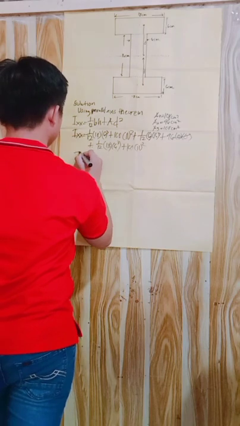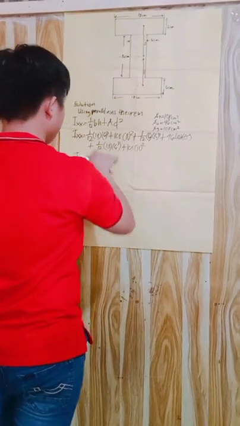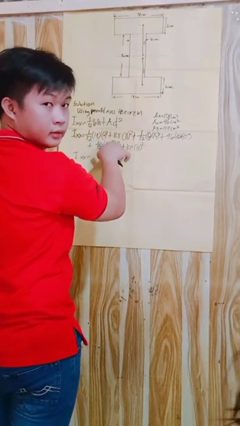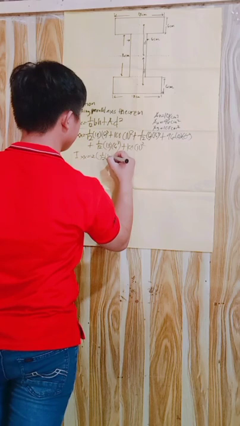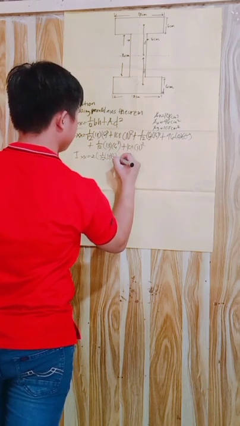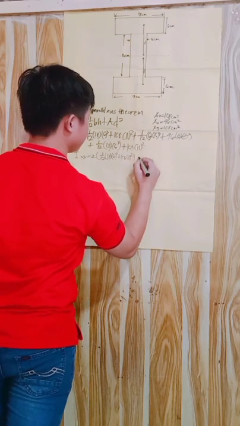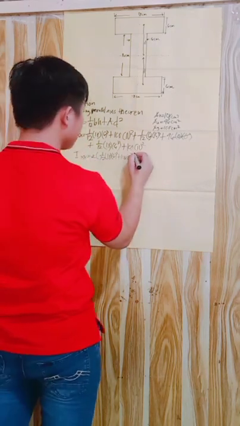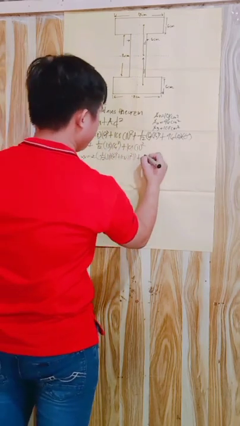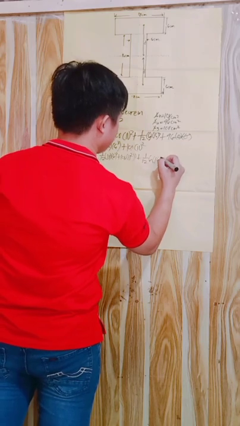The one that will be left is, because this is similar, 1 over 12 times 18 times 6 cubed plus 108 times 11 squared. We just multiply it by 2 because this is similar. Then plus 1 over 12, this times 6 times.